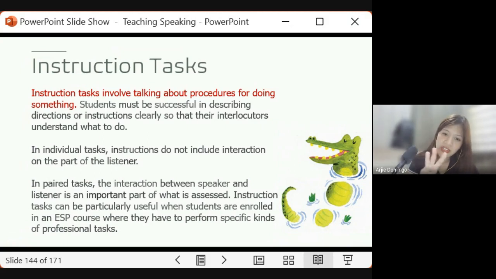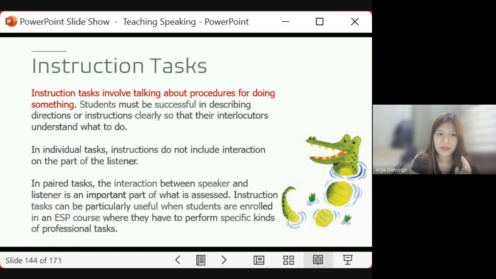All right, so the third task would be an instruction task. An instruction task is something like telling somebody to do something. You have to make your students describe directions or instructions so that the other person could understand.